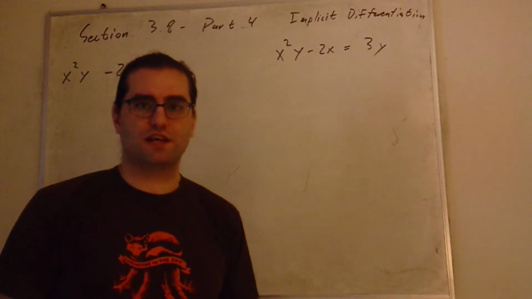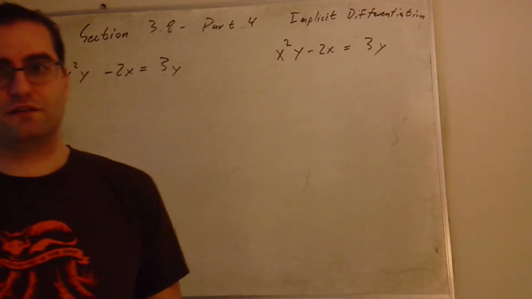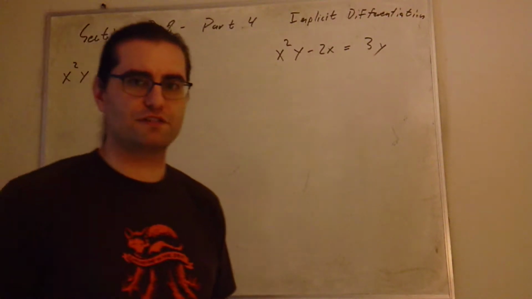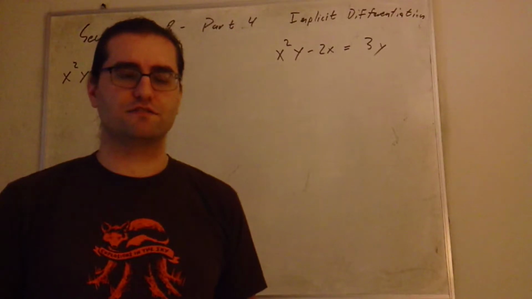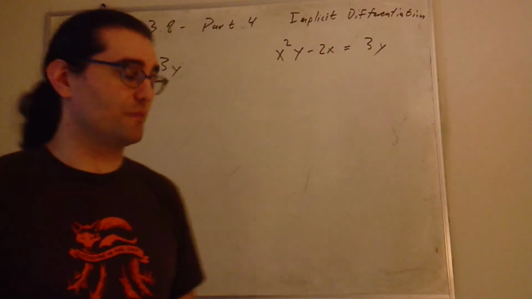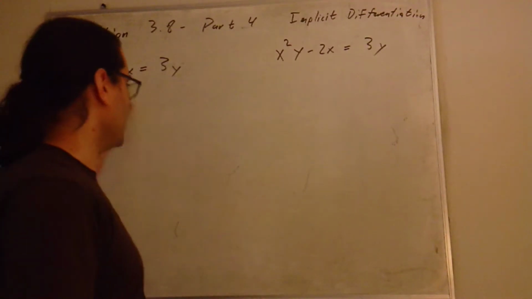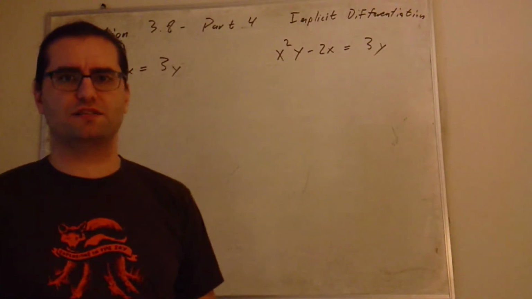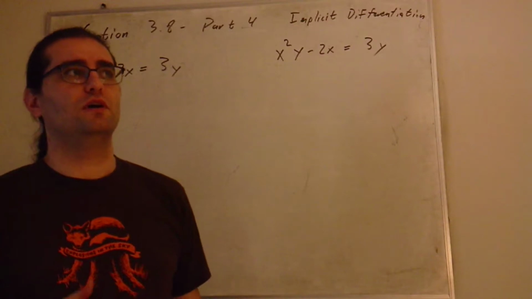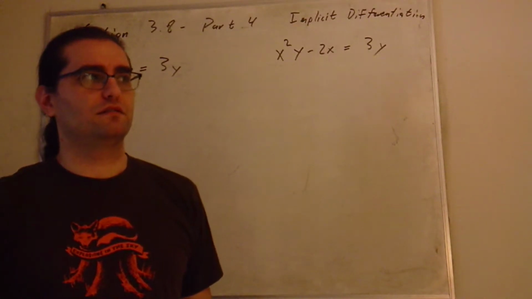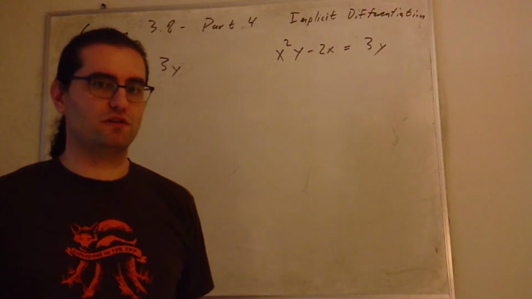And also, just in case, if you like the book's techniques better, then that's what you should do. Use whatever technique makes the most sense and is the easiest for you. For me, I generally prefer my technique. I think that it makes more sense, and also I think it's going to make future sections much more clear.